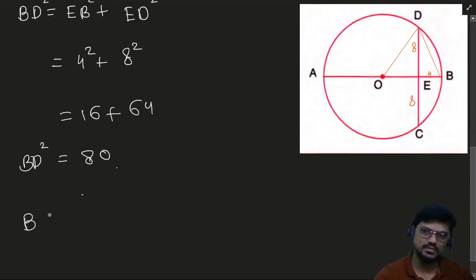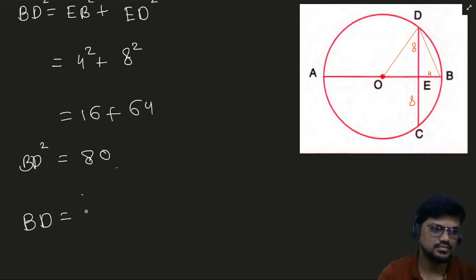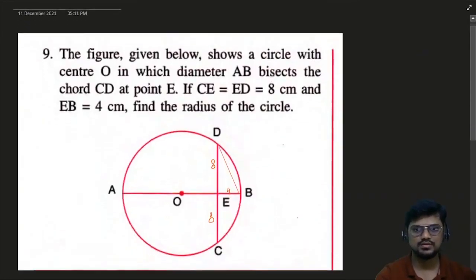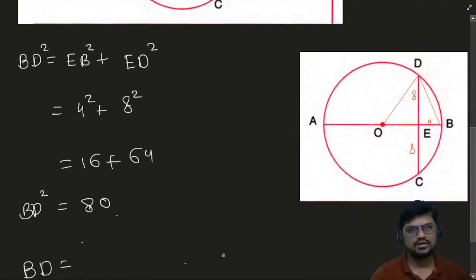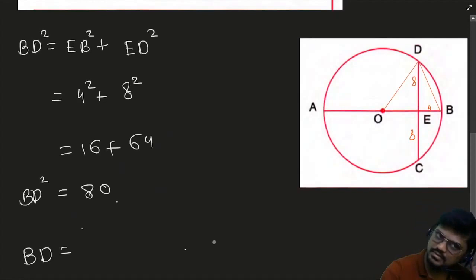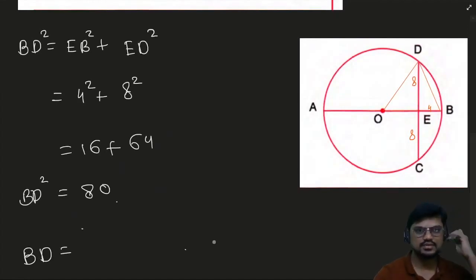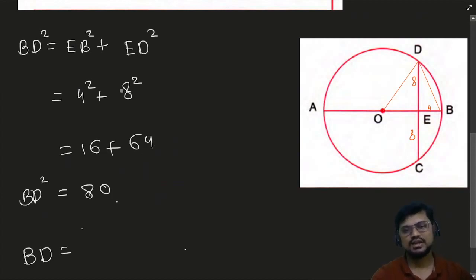So the value of BD will be square root 80. But what will be the use of BD to find the radius? Actually, we don't need BD. We'll have to do the other step.